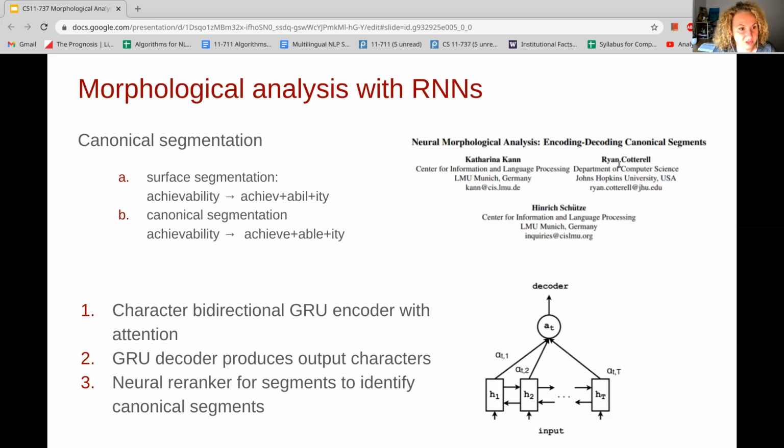For a surface segmentation, we would just segment the input sequence into substrings. In canonical segmentation, we don't only segment the sequence into substrings, but also replace substrings with the canonical form.